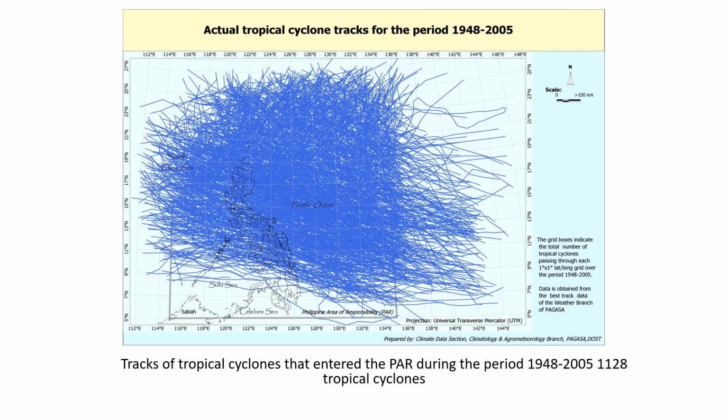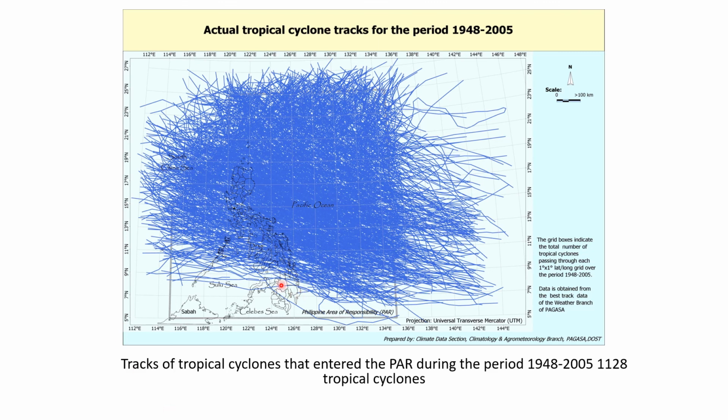As you can see here, the Philippines has had very many tropical cyclones to date. This is an example of cyclone tracks from 1948 to 2005. We had a total of 1,128 tropical cyclones during that period.